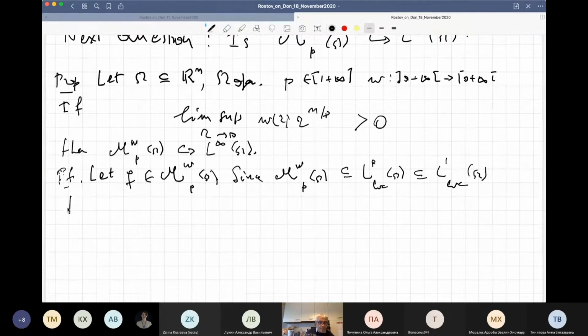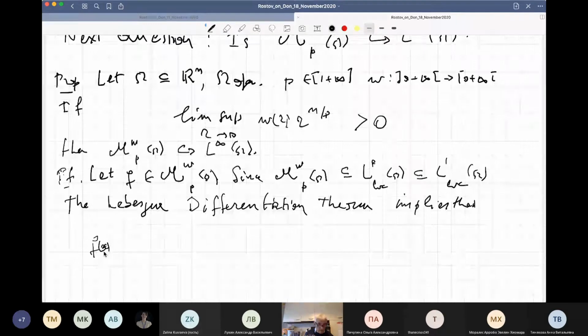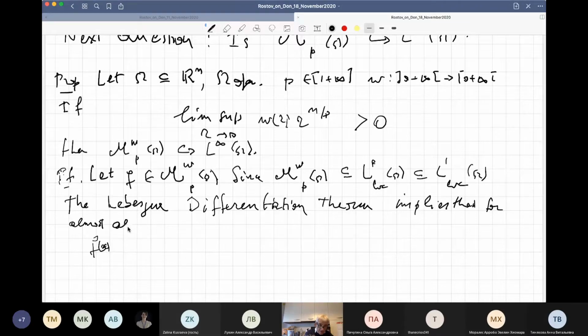And then the Lebesgue differentiation theorem implies that for almost all x in omega, we have that the modulus of f(x) is equal to the limit as r tends to 0 of the averaged integral on the ball with center x and radius r of the modulus of f(y) dy.